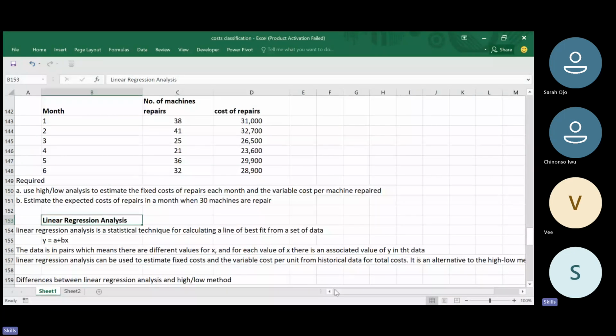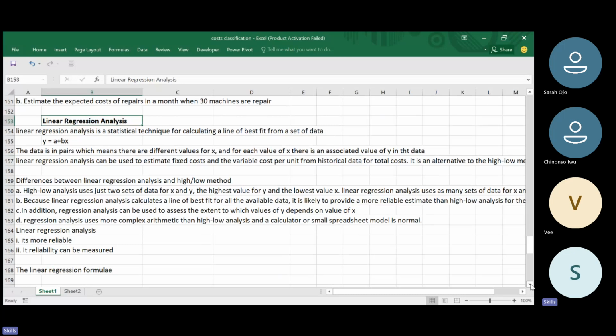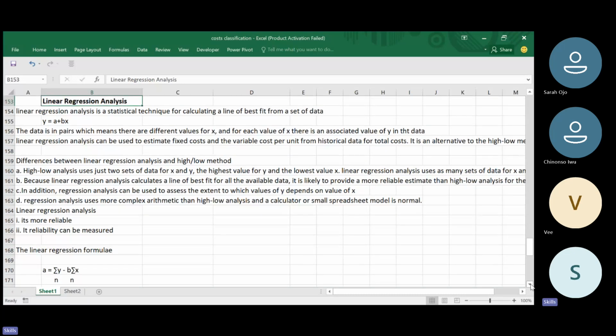So you can use it to carry out cost separation. Differences between linear regression analysis and high and low: high and low analysis uses just two sets of data for x and y, the highest value for y and the lowest value.